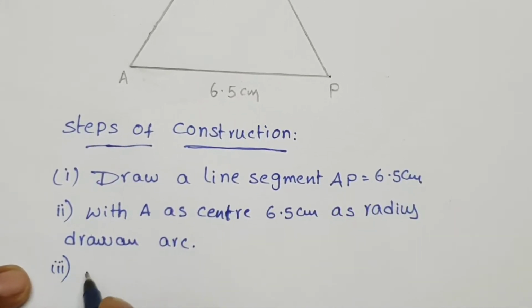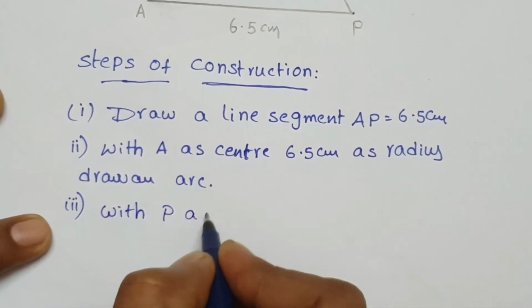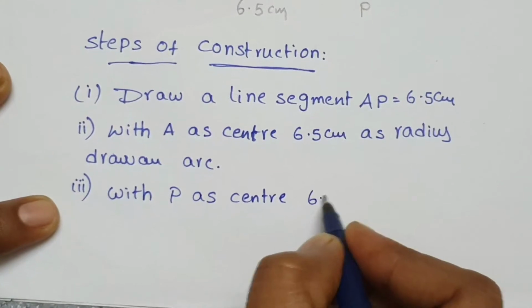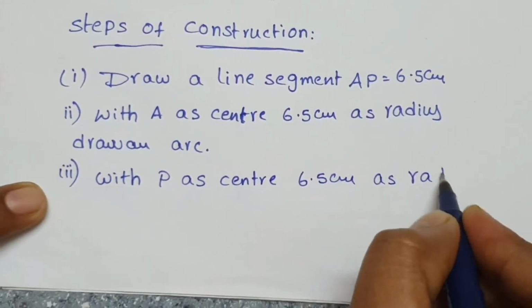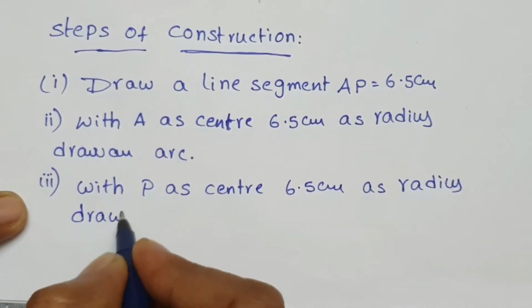Next, third point, with P as center, 6.5 centimeters as radius, draw another arc.